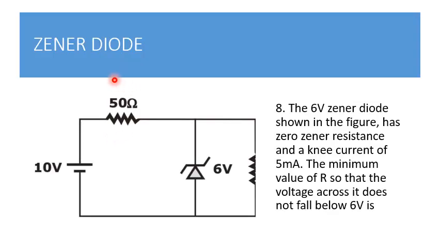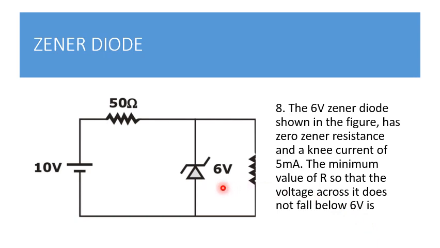Now we have a question on the Zener diode. The 6 volt Zener diode shown in the figure has 0 Zener resistance and a knee current of 5 milliamps. So they have given the Zener current as 5 milliamps. We need to find the minimum value of the load resistance R so that the voltage across it does not fall below 6 volt.